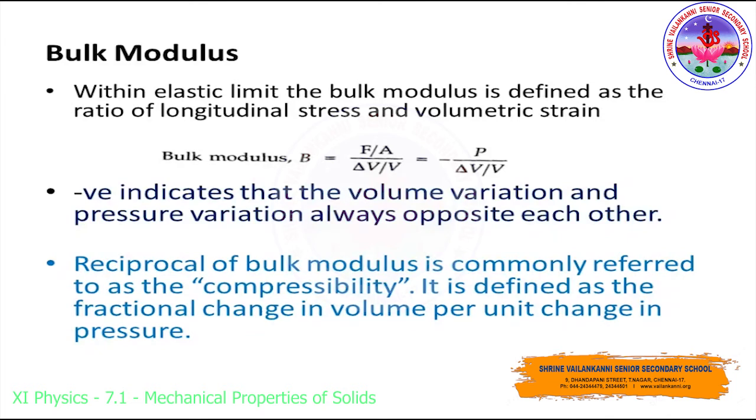Normal stress is F by A, divided by volumetric strain del V by V. So K is equal to minus F by A into V by del V, or PV by del V. Here P, which is equal to F by A, is the normal pressure. The negative sign shows that the volume decreases with the increase in stress.